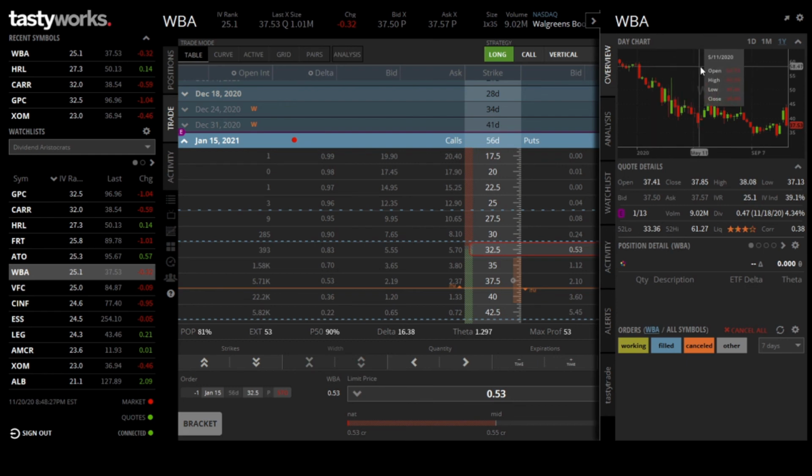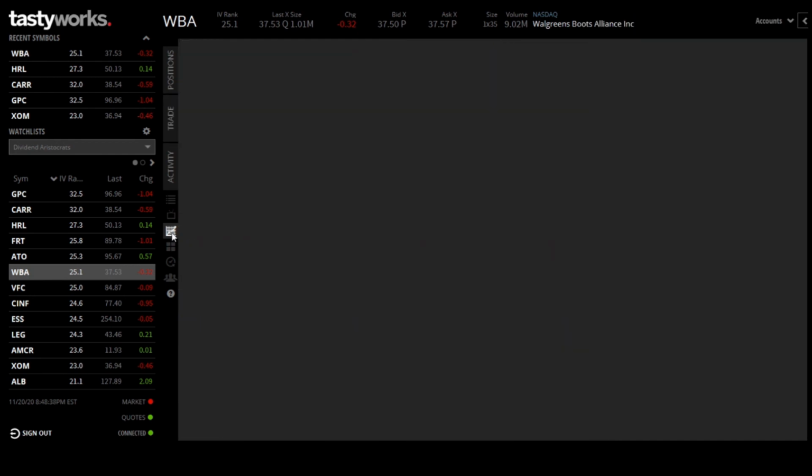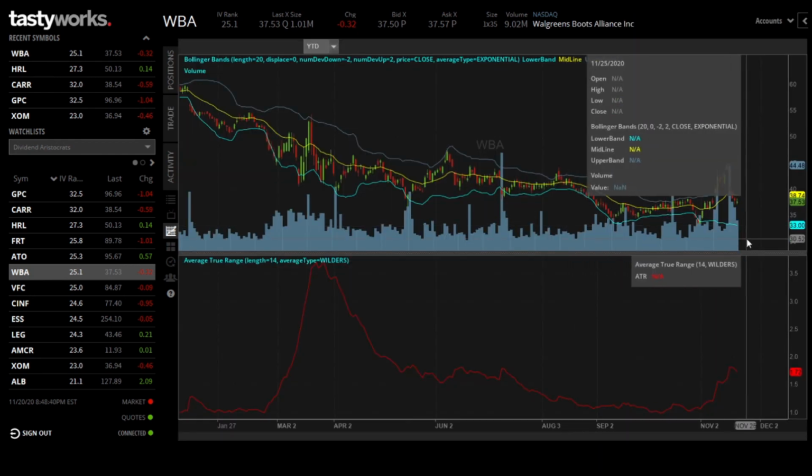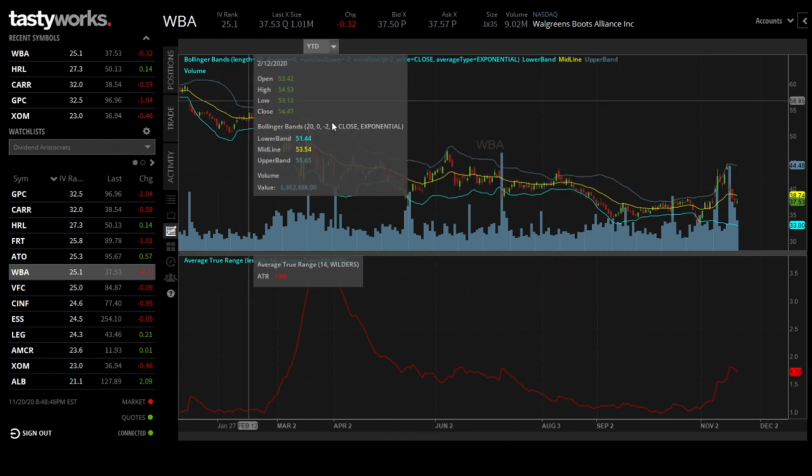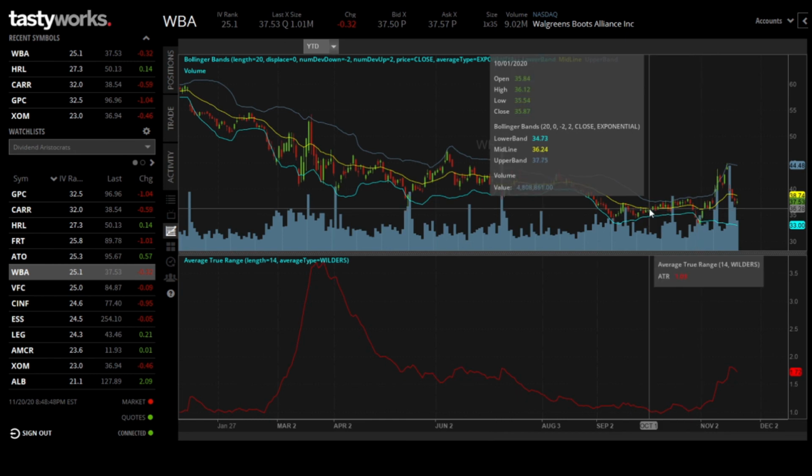I mean, they could, but I'm just looking at the price action here. I'm not a super technical trader, but I like to look at the charts just to get a perspective of where we are. We're definitely at the lower end of the range.